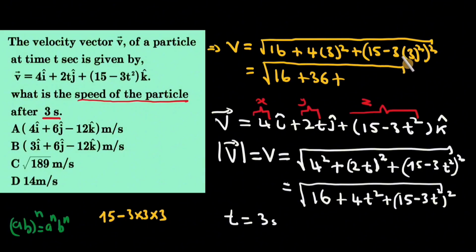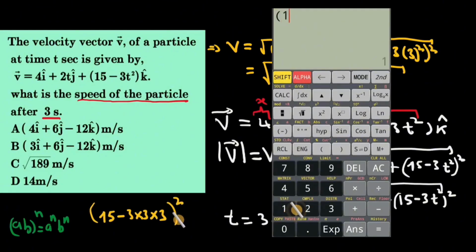So 3 bracket means 3 times all that is in the bracket, and we have 3 squared in the bracket. So I'll take 3 times 3 times 3, since 3 squared means 3 times 3. And then I maintain the bracket outside, then I square again. (15 minus 3 times 3 times 3), all that squared, is 144.